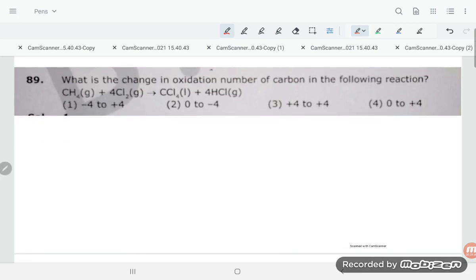What is the change in oxidation number of carbon in the following reaction? CH4 plus 4Cl2 gives CCl4 and 4HCl.